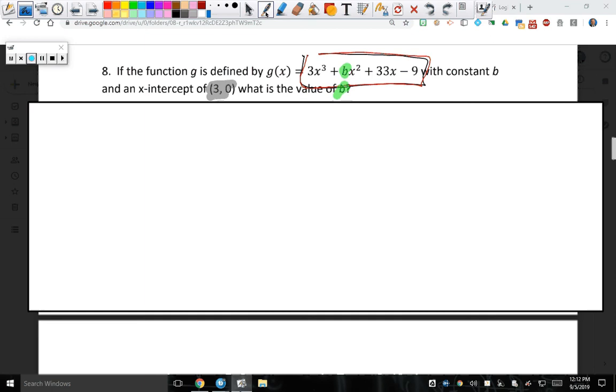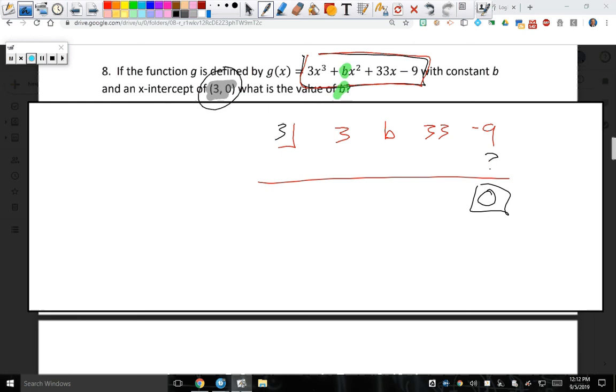Now you could use synthetic division for sure. You could say 3, b, 3, 3, negative 9. And if it's saying that this is an x-intercept, you would put 3 right here. Are you with me? So solving backwards, if this is 0, what does this have to be right here? 9.